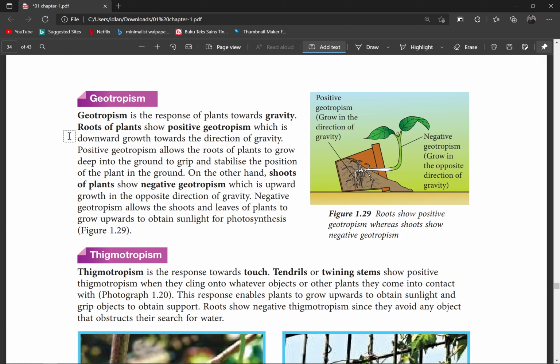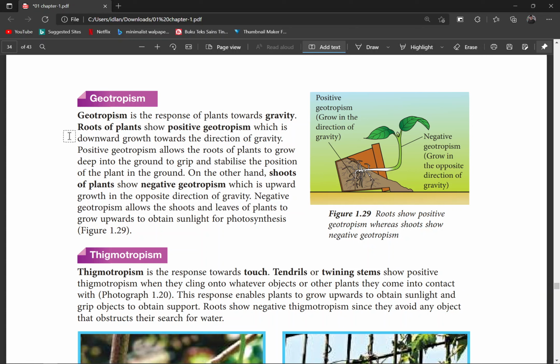The roots of the plant show that it's a positive geotropism because we have a stimulus where the pot is misplaced and fell to the ground.